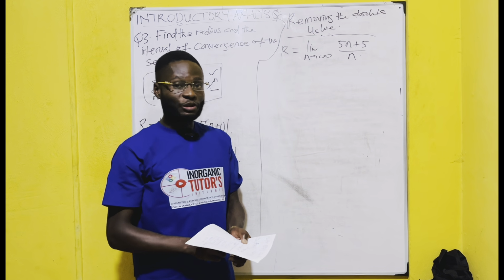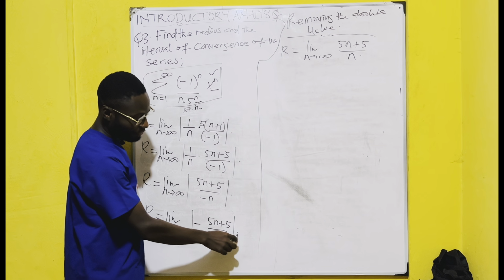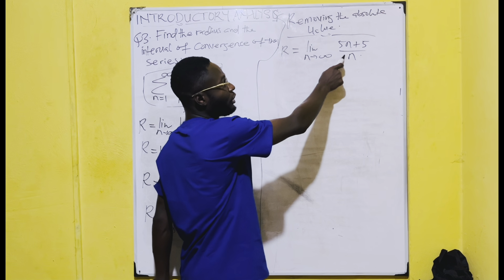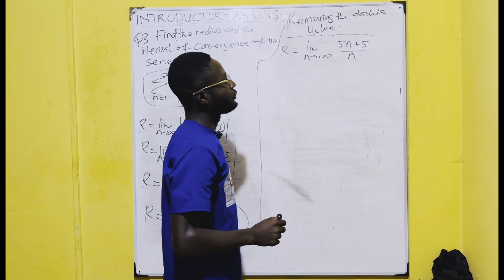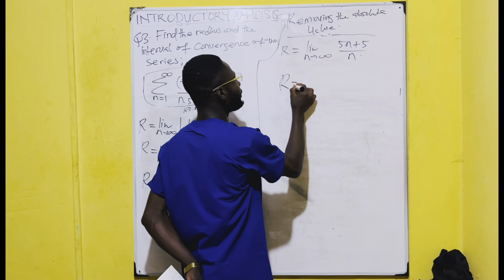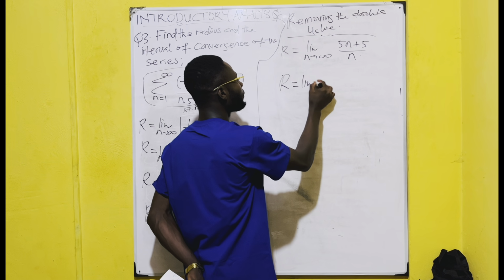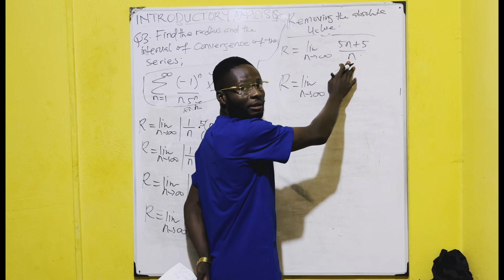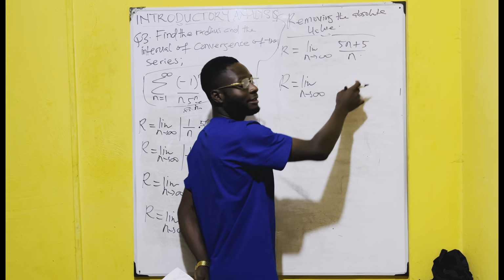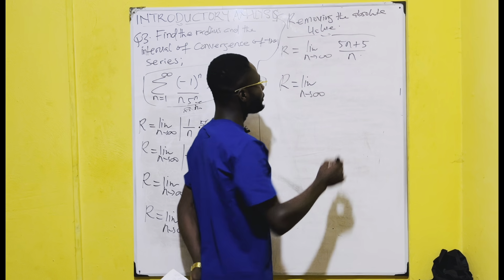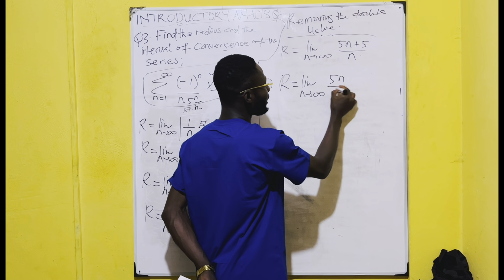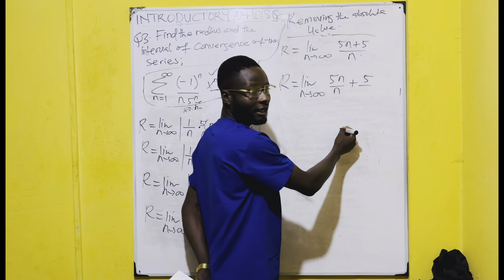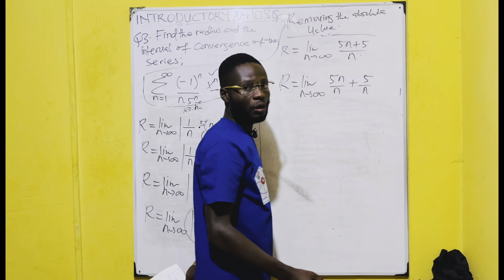So this is what we have right now. When you remove the absolute value, this is what you have, right? So we are going to have the radius of convergence equal to the limit as n approaches infinity. You know that this denominator can split the numerator into 2, right? So we have 5n divided by n plus 5 divided by n.